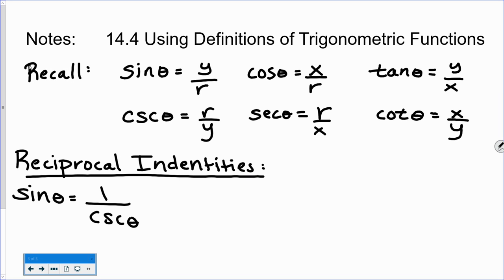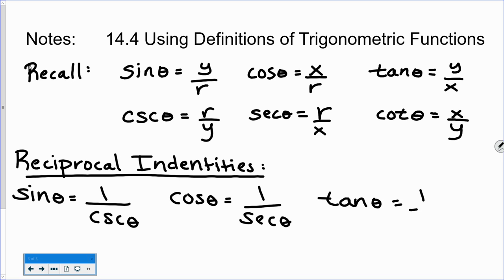But if I'm given this angle or the sine of that angle, I can just create that as a fraction itself. So then cosine of theta can be rewritten as 1 over secant of theta. And then tangent would be rewritten as 1 over cotangent of theta.